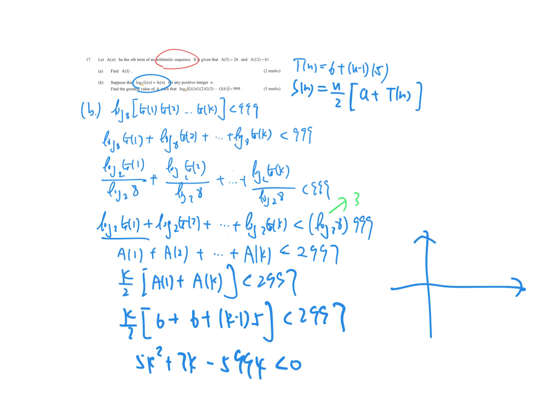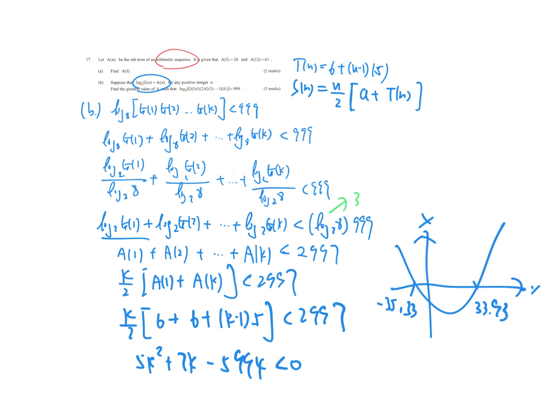For me, I strongly recommend using the graph method. If you use a calculator to find the roots, they should be negative 35.33 and positive 33.93.